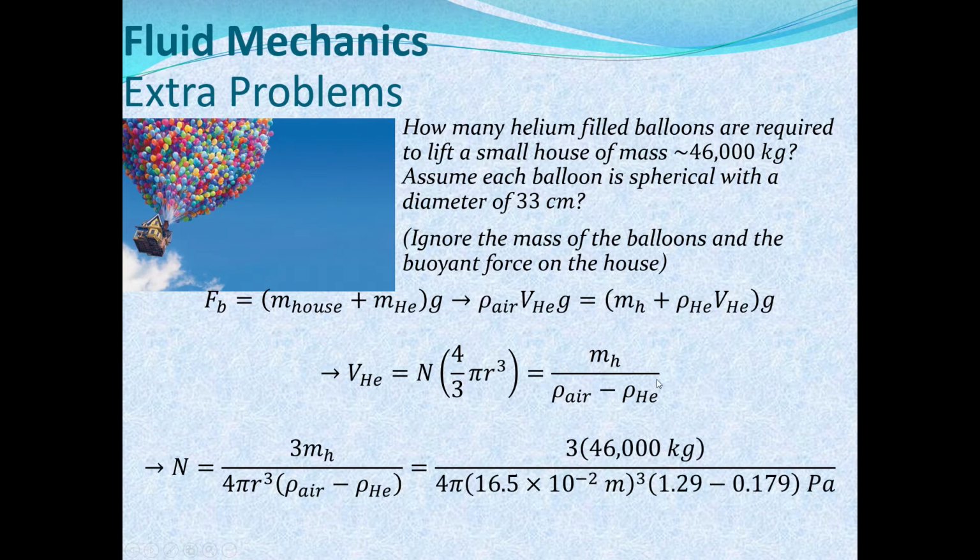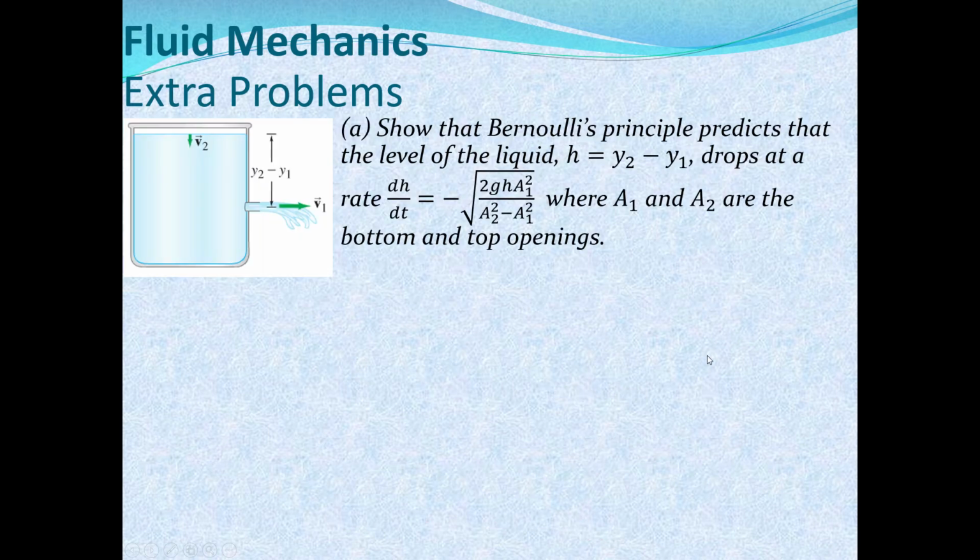We can simplify, plug in our numbers, move things around, solve for n, and we end up getting 2.2 times 10 to the 6 balloons. So a very, very significant amount of balloons. I believe that's 2.2 million balloons.